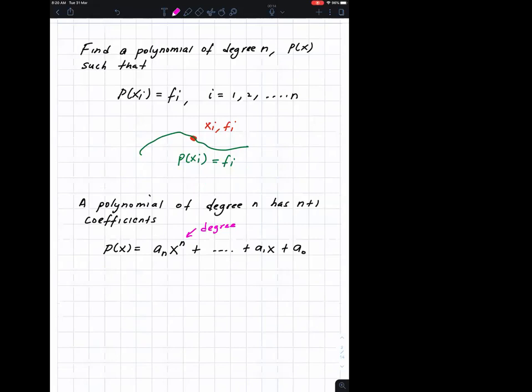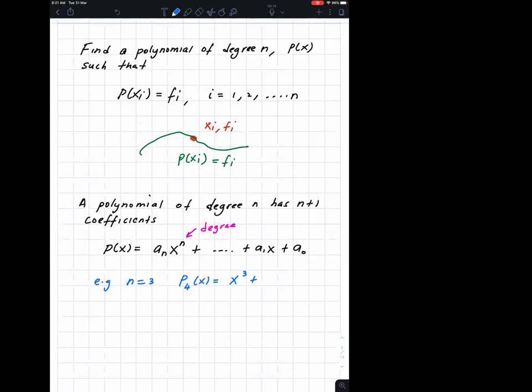Just to give you a numerical value, for example, when n equals 3, you're going to get a polynomial, say p4(x).